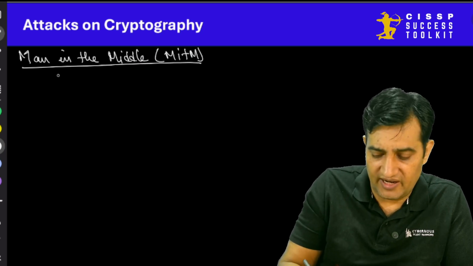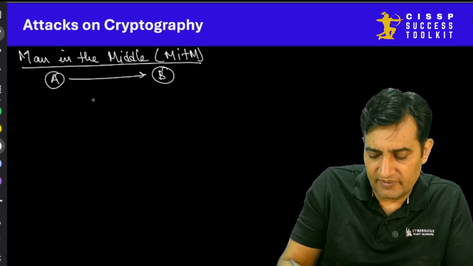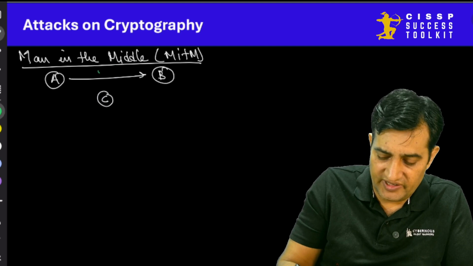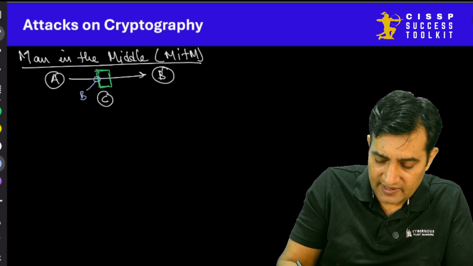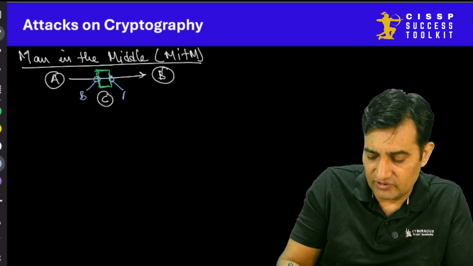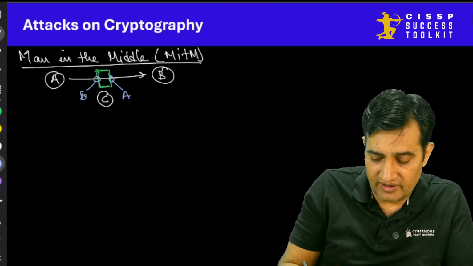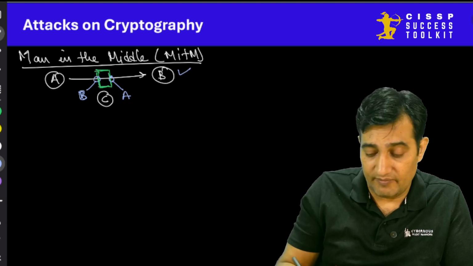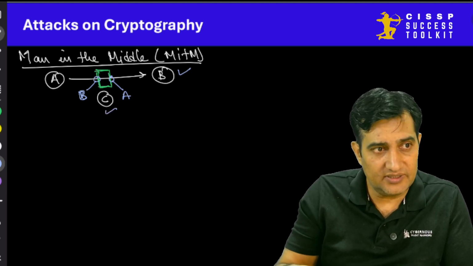So in a man in the middle attack, Mr. A wants to communicate with Mr. B, but Mr. C comes in and tries to interface between the two, and on this interface he tries to spoof as B, and on this interface he tries to spoof as A. What will happen is Mr. A will send data to B thinking that he is sending to the original guy, but actually he is sending to C. So this guy gets the password, isn't it?